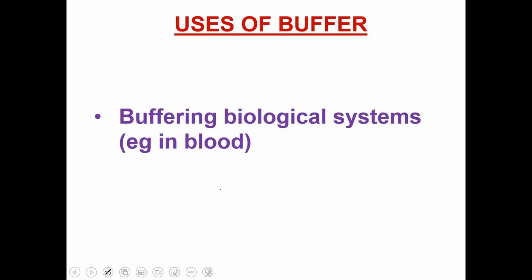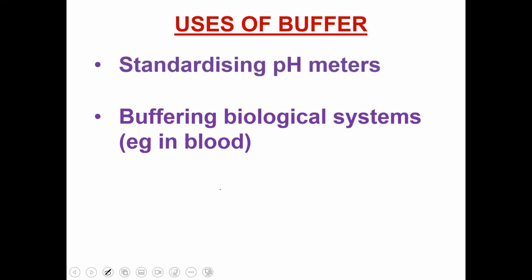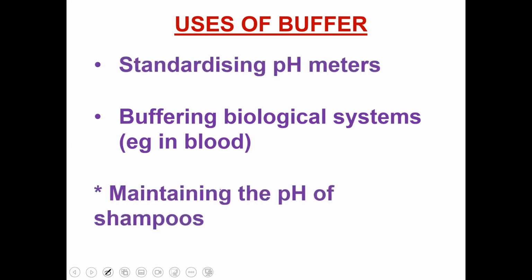Buffering is used in biological systems, this is a common example, in standardizing pH meters, and in maintaining the pH of shampoos. The shampoo example looks a bit rare for many people, but this is a very important example. Buffering is needed so they do not change the pH for the users.